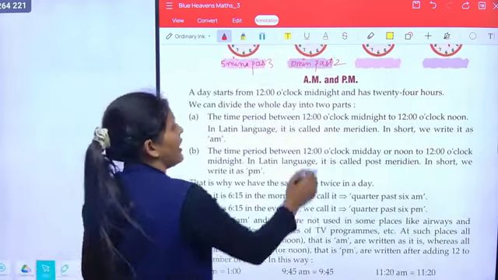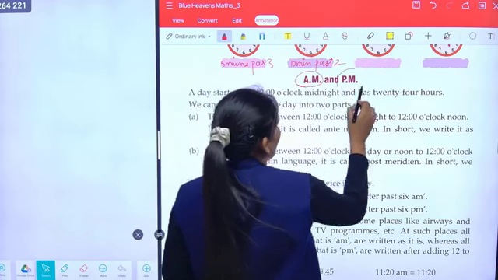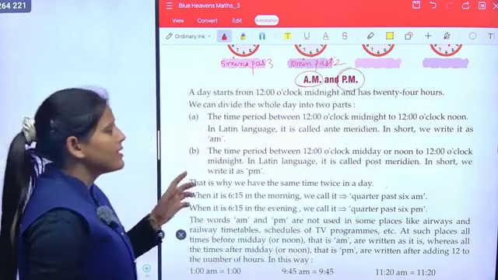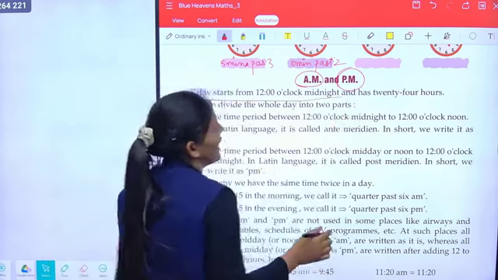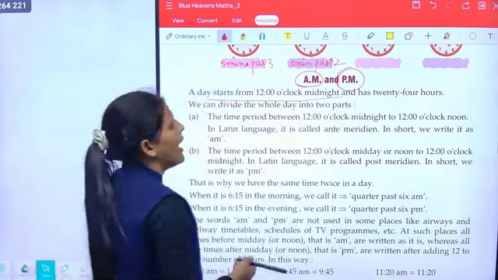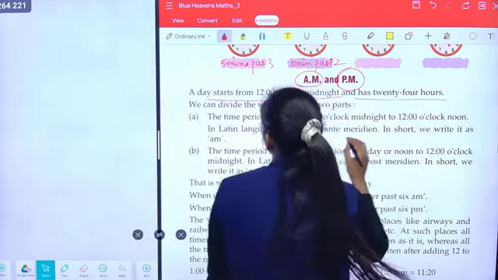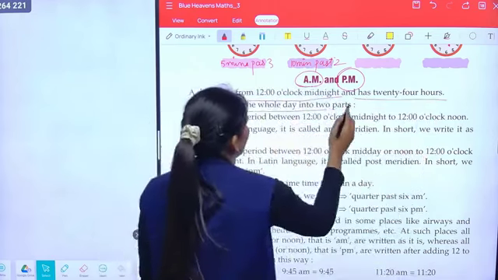Now students, AM and PM. A day starts from 12 o'clock midnight and has 24 hours. We can divide the whole day into 2 parts.